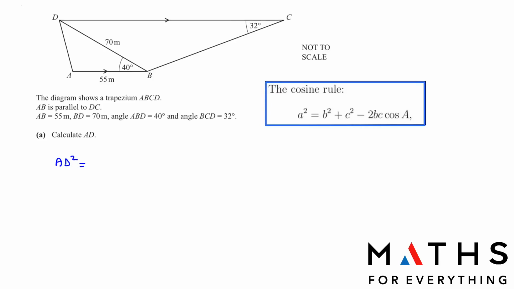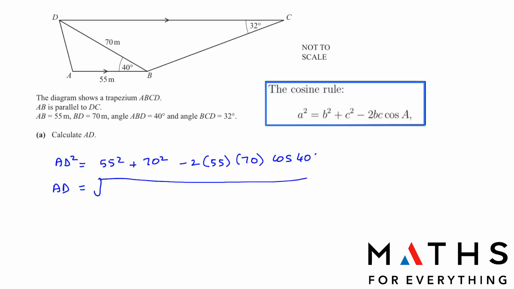AD square is equal to 55 square plus 70 square minus 2 brackets 55, 70 and multiply by cos 40. We have AD square. We want to find AD. At this point, you can write a square root. It's up to you.